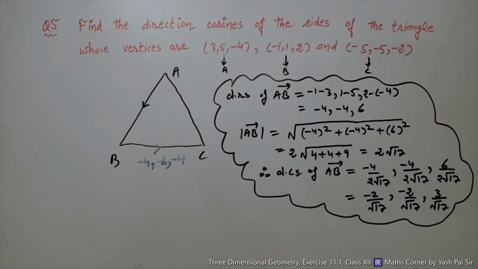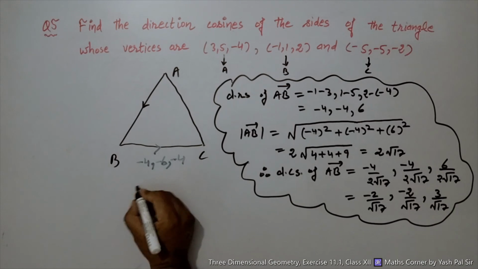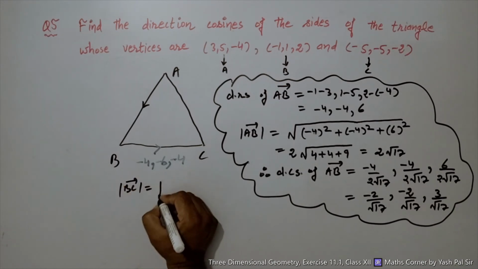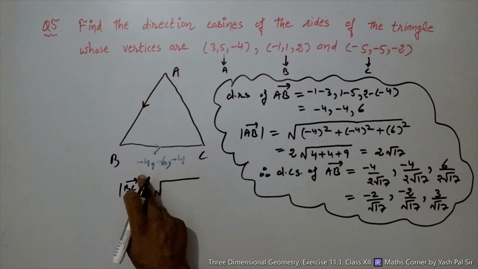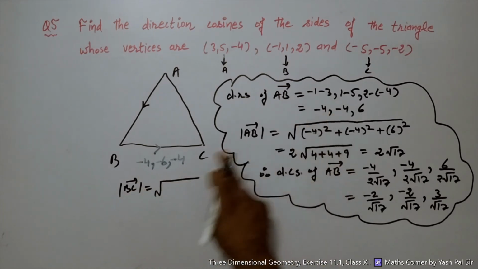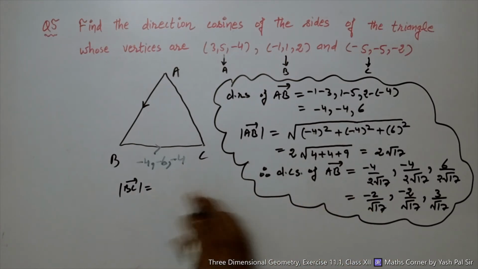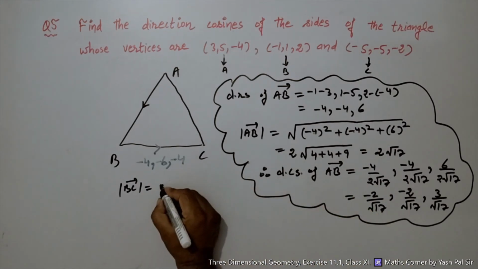Right? So here again we find the magnitude of BC is equal to square root of, again they are the same, 4, 4, 6, this will be the same.